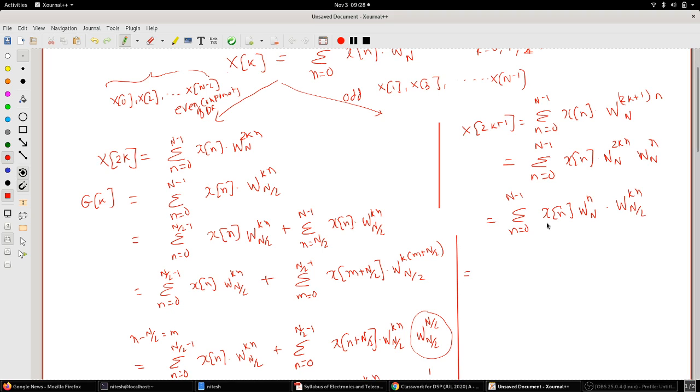So now I will separate this as first n by 2 terms and second n by 2 terms. So similarly n equal to 0 to n by 2 minus 1 x of n into w n of n into w kn of n by 2 plus summation n equal to n by 2 till n minus 1, you get x of n into w n of n into w kn of n by 2.